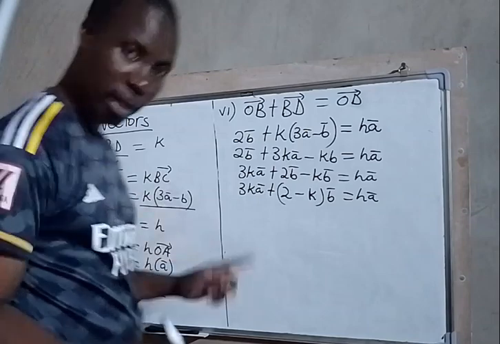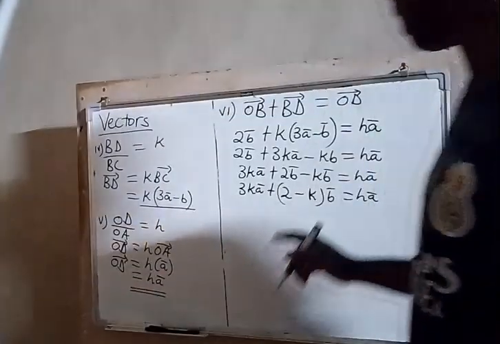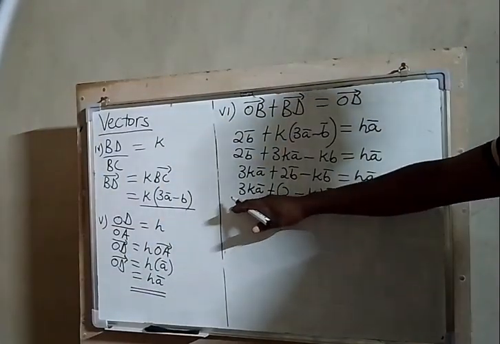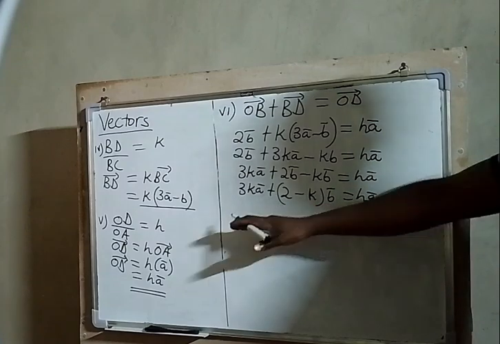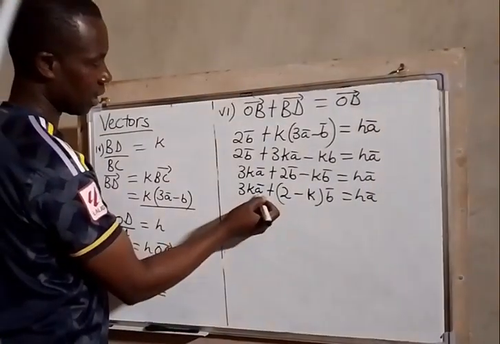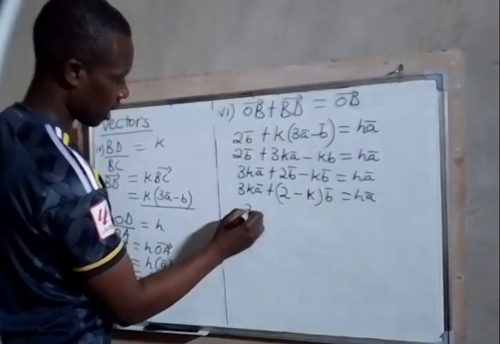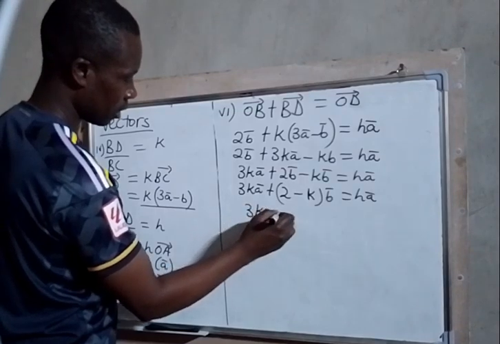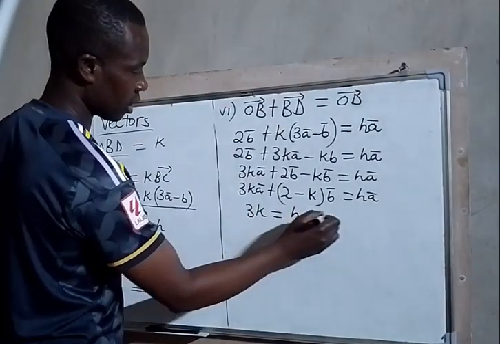Now we combine those with vector A, and those with vector B, to form two equations. So combining terms in vector A, this is 3K is equal to H. This is our equation 1.